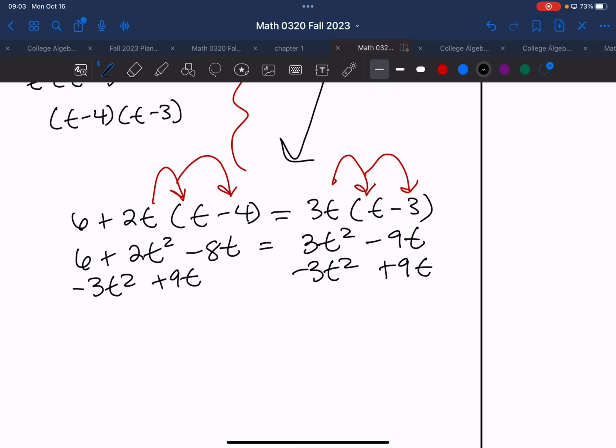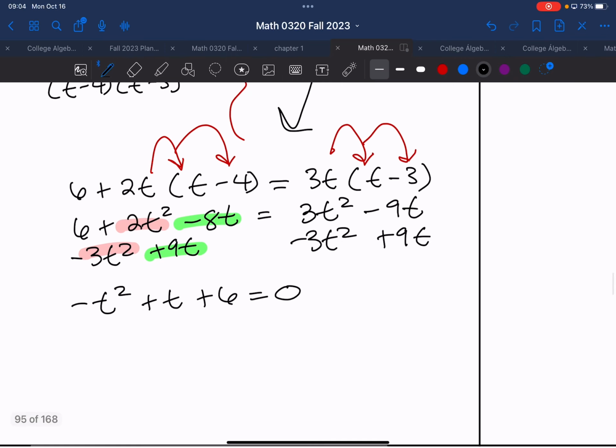So that means I have 2t squared minus 3t squared. What am I left with if I subtract those? Negative t squared plus t plus 6. Negative t squared, so we're just looking at this part first. And then now I'm combining my like terms of t, so what's negative 8t plus 9t? Just t. And then I bring down that plus 6 equals 0.